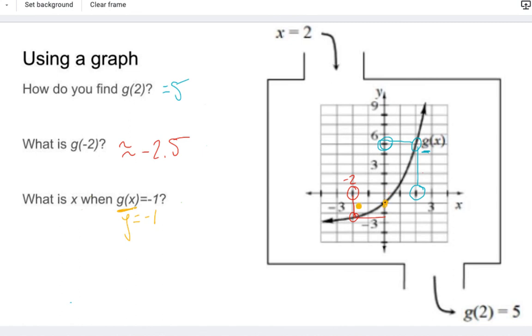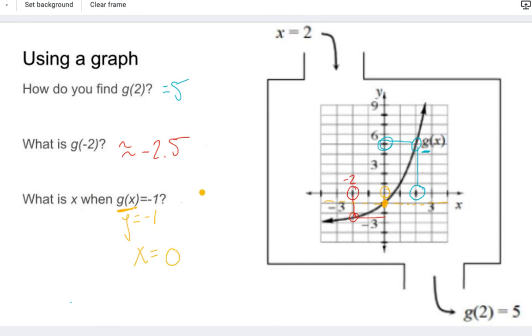We look for where y is negative 1. It intersects the graph right here, and so you go up to the x-axis, and that's at 0. So when y is negative 1, x equals 0.